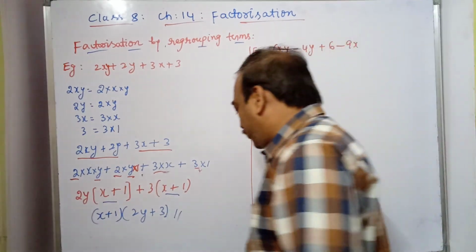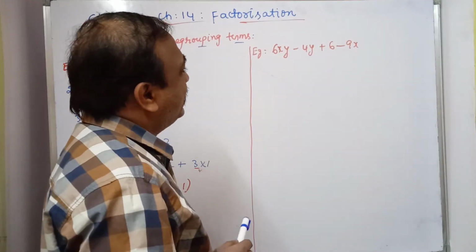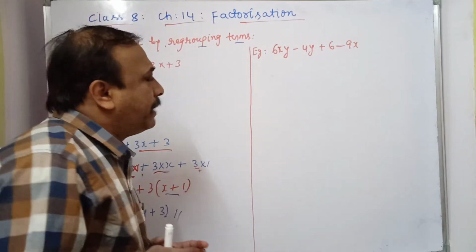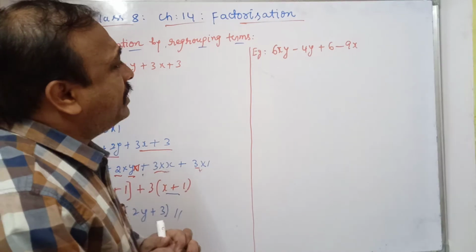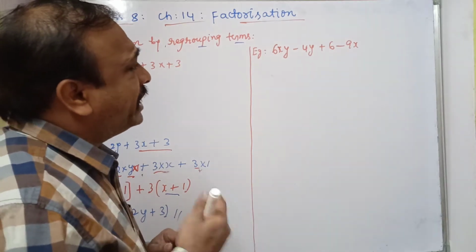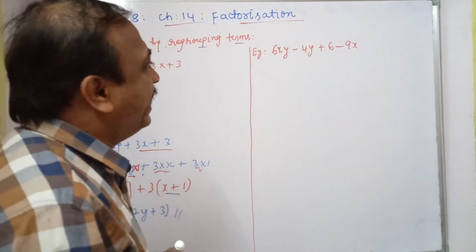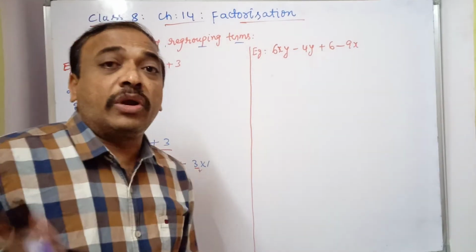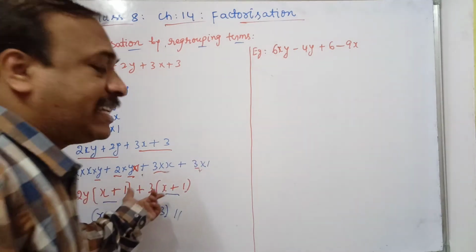Now let us see one more example: 6xy minus 4y plus 6 minus 9x. Sometimes you need to rearrange the terms, and sometimes there is no need. Here we took the common factor x plus 1.